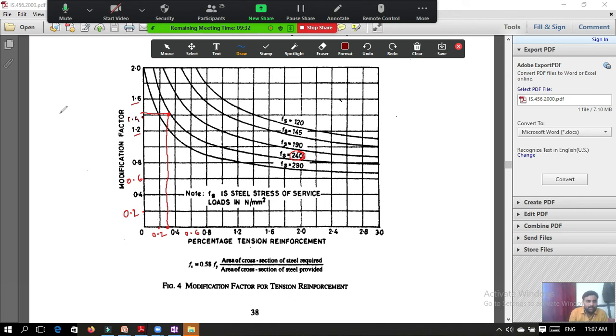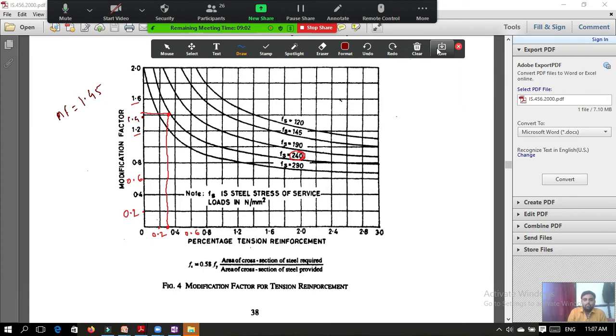So I may take this value as modification factor as 1.45 or 1.5, both are correct, but 1.5 will be slightly more. It is just passing 1.4 near about, so we can take 1.45. You can also take 1.4. It doesn't make much difference, 0.05 doesn't make much difference. So here we will take the value 1.45.